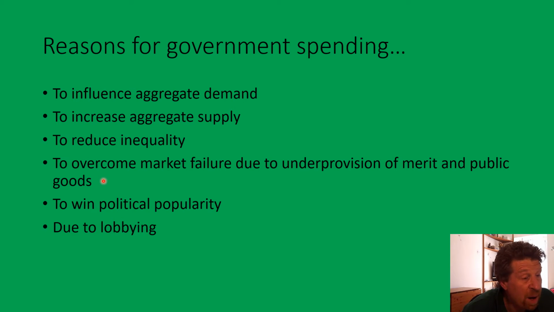To overcome market failure. So we know merit goods, goods which are underprovided by the market, they need government spending, because we know the market fails because the economic use of resources is to provide more of these than the market normally provides.